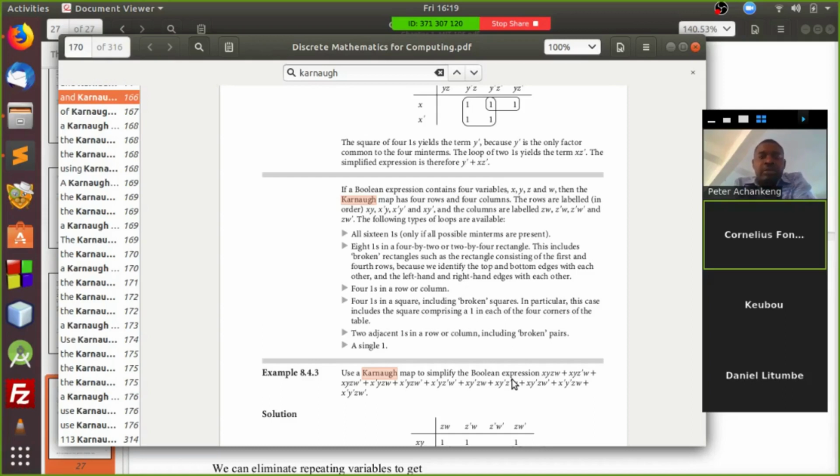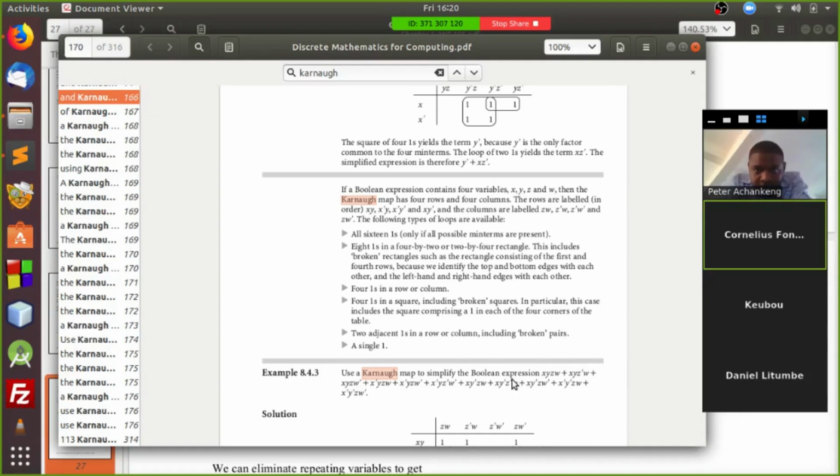And if you have all 16 ones, the output is just a 1. You can group all 16 ones. You could group 8 ones, as 4 by 2 or 2 by 4. So you can do a 2 by 4 or a 4 by 2 grouping.